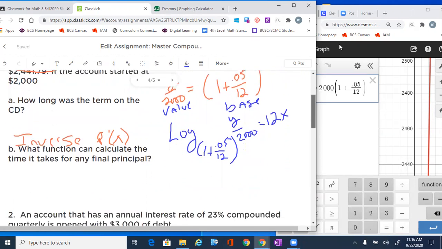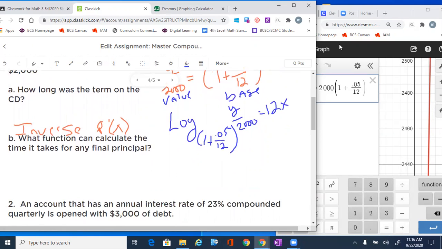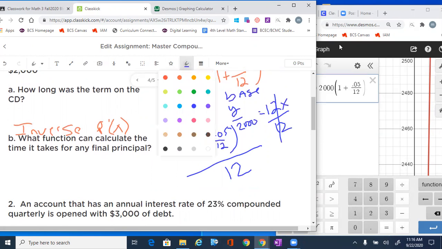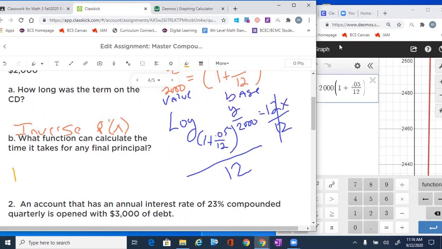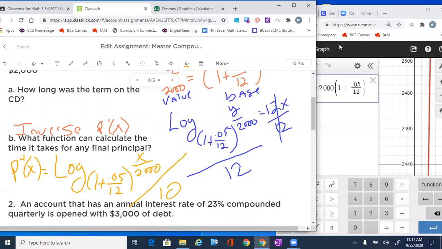Note though, hey guys, we aren't done yet. We still got to divide by 12. So I'm going to divide this whole entire piece by 12. This is going to cancel, and that will give us our x statement. So I'm going to go ahead and just transfer it over to a P of x statement right now. So our P inverse of x statement is going to be log, parentheses, 1 plus 0.05 divided by 12, with x over 2,000, all divided by 12.